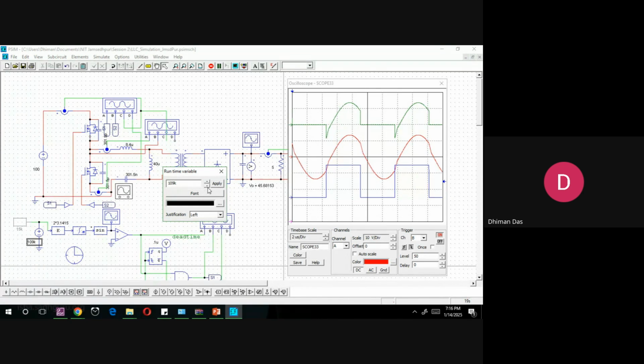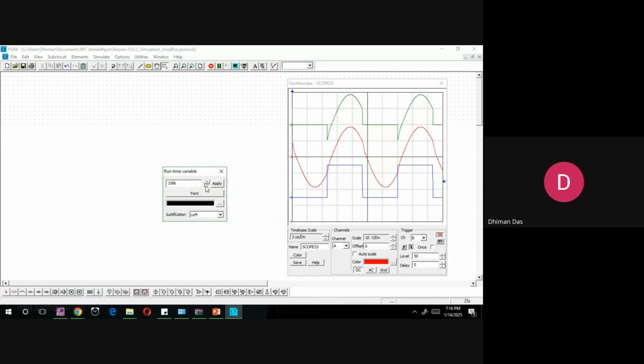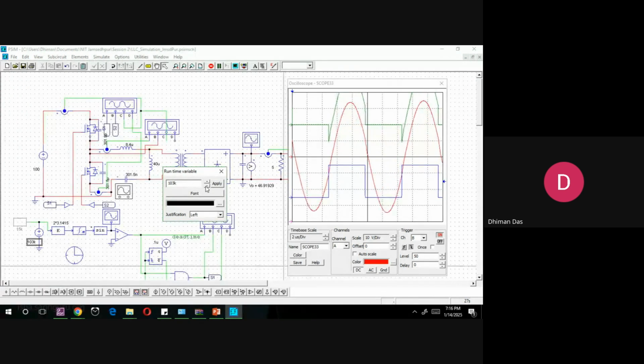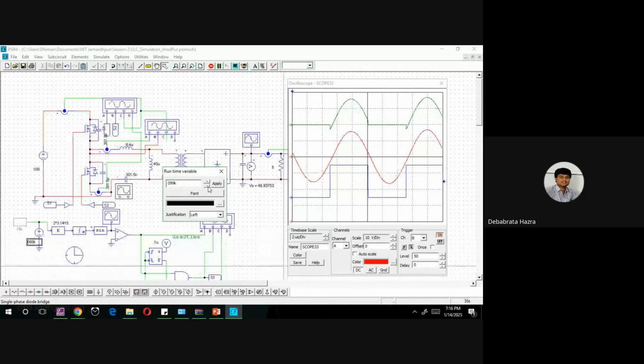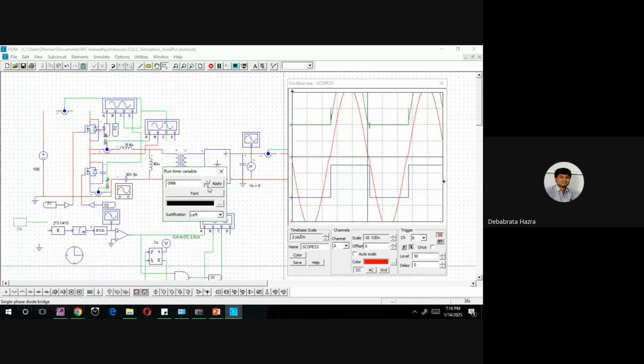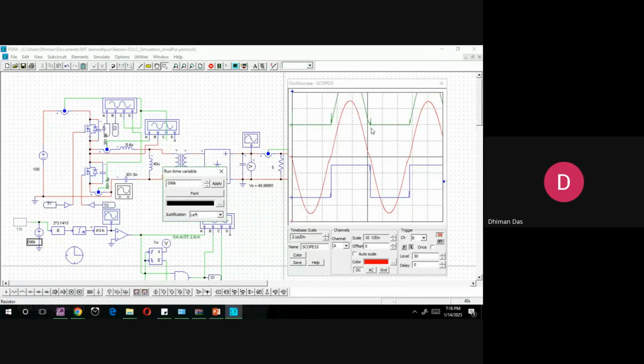Now, if I decrease the frequency, you see the output voltage is increasing. Also, you can see it is transferring from one region to another.